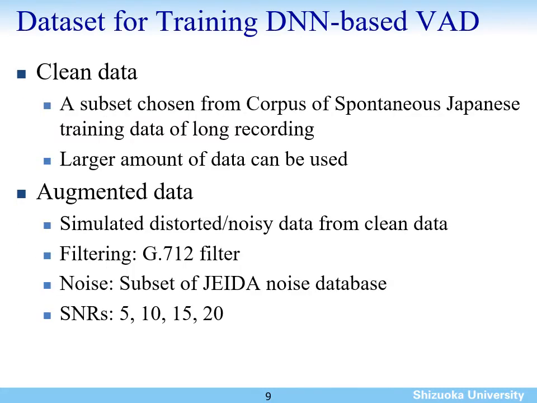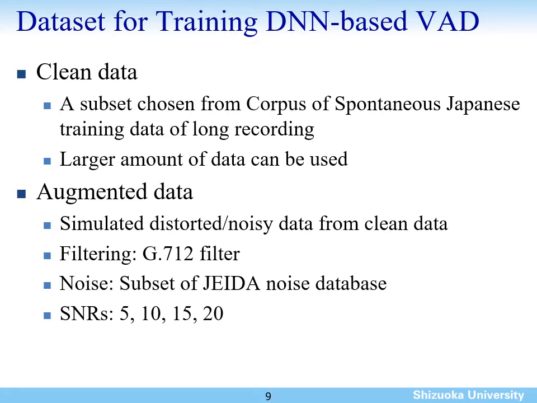Before jumping into data augmentation procedures, I would like to mention the conditions of clean and augmented data lightly. The minimal set of clean data that also takes part in data augmentation is a subset of the Corpus of Spontaneous Japanese, CSJ, training data, which are long recordings of monologue speech.